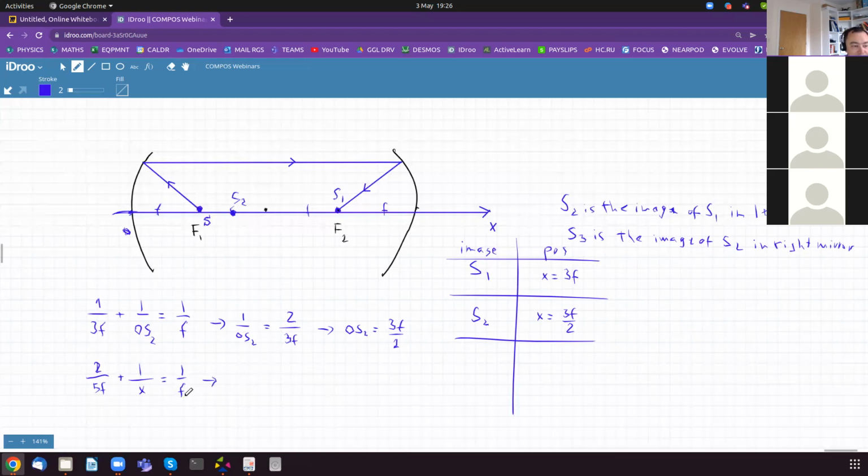And from here, so 1 over x is 3 over 5f, and x is 5f over 3.